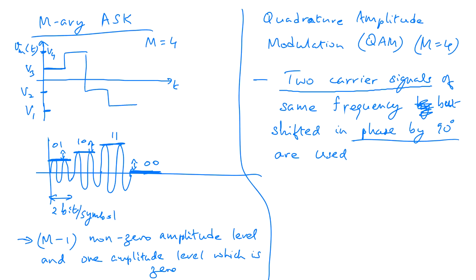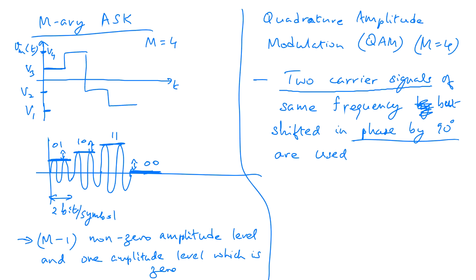For each of these carriers, we will modulate them with only two voltage levels. So we'll do a binary modulation of the cosine carrier and the binary modulation of the sine carrier and add them together. So that means in the same interval, the added signal contains a cosine part and a sine part, and the cosine part can have either a 1 or a 0 representation.